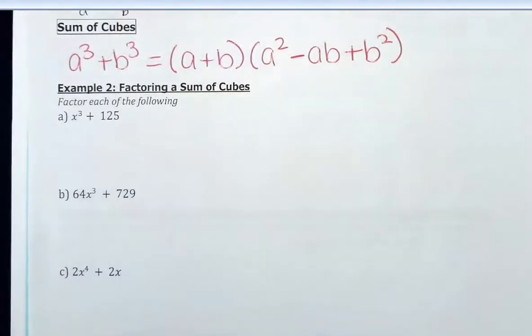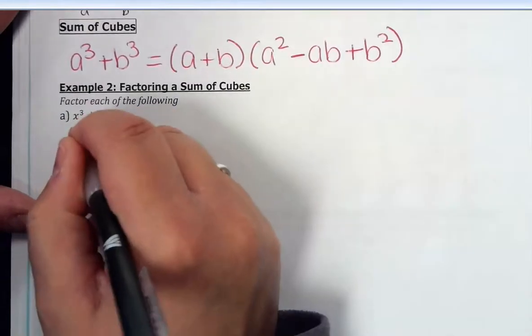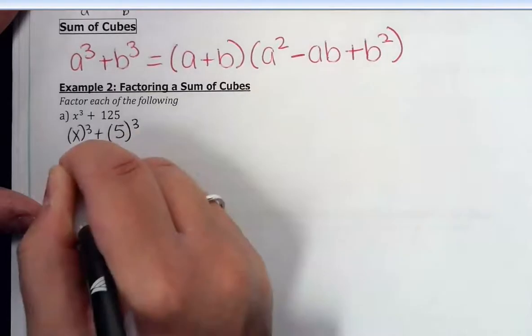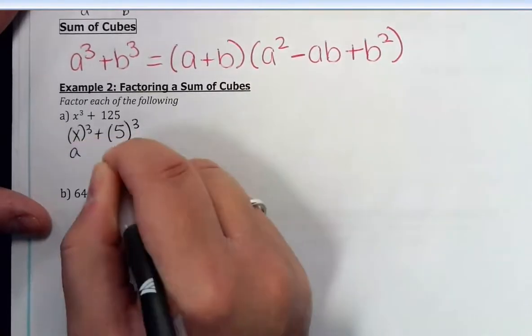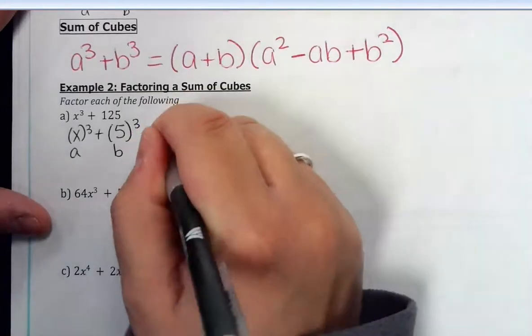So again, it's the same process. You got to figure out what you're taking to the third power. So here, this is x to the third. 125 is 5 to the third. So my a value is going to be x in that formula, and my b value is going to be 5.